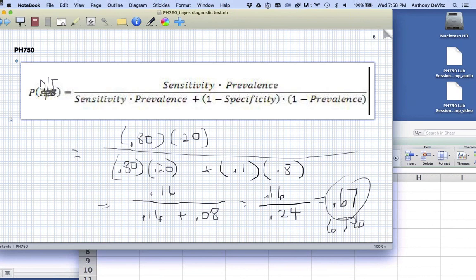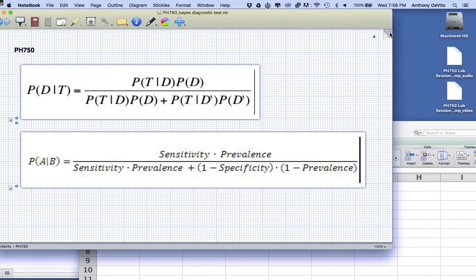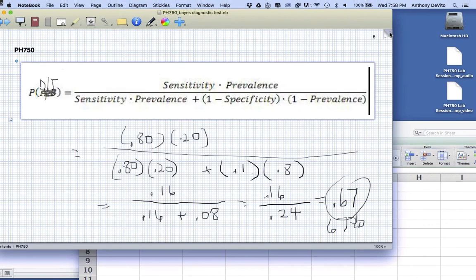So you can employ, if you have an example where all you have is the sensitivity, specificity, and prevalence, you don't have to go through this whole thing. You can use Bayes' formula to calculate the positive predictive value, right? Pretty simple once you know how to do it. And that's the derivation of this. You can reason it out.